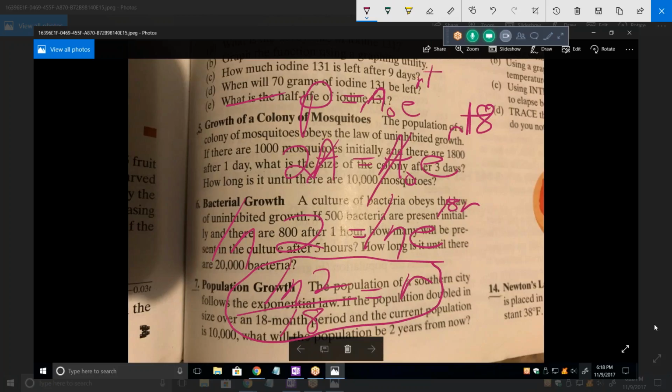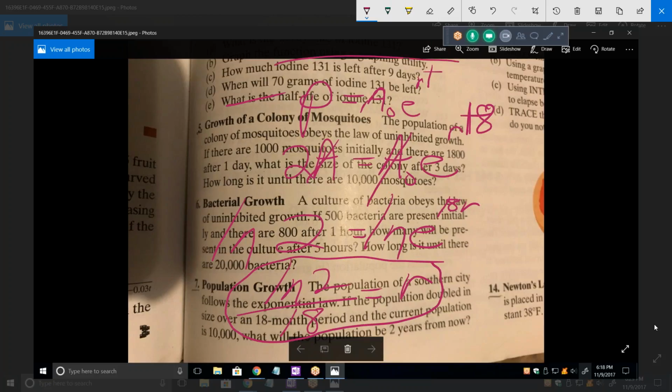And they're saying the current population is 10,000. Well, that's going to let you go back and figure out what the initial population was. In fact, I don't need that. I got my equation.